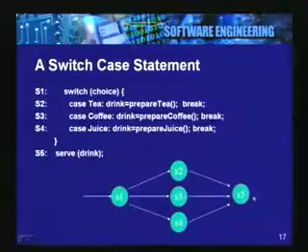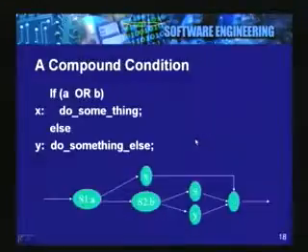I need not point out all the nodes. So S5 can be your serve drink, which is the end of your switch statement. So here if you want to cover all the statements, these are the basic paths: S1, S2, S5, S1, S3, S5 and S1, S4, S5. So this is the flow graph for a specific switch statement.